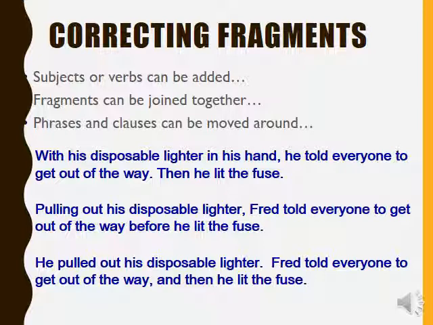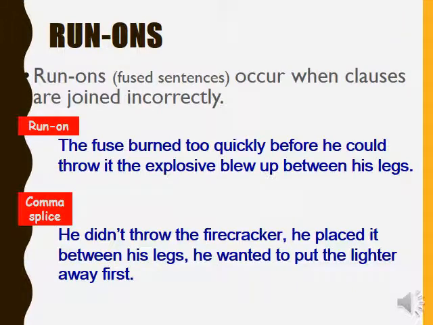He pulled out his disposable lighter, Fred told everyone to get out of the way, and then he lit the fuse. So in every one of these sentences, we added something. We added a subject or a verb, or we joined two fragments together, or we moved the clauses and the phrases around. It means we switched their places.